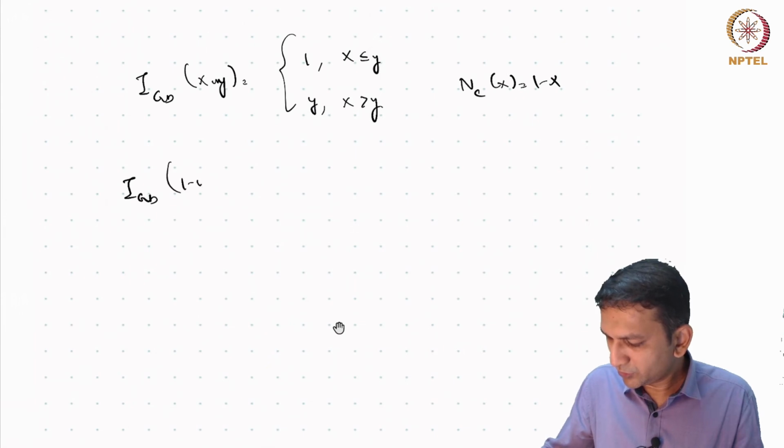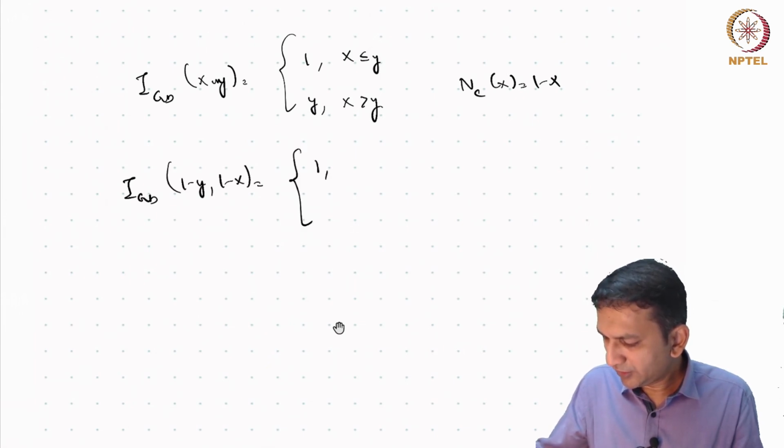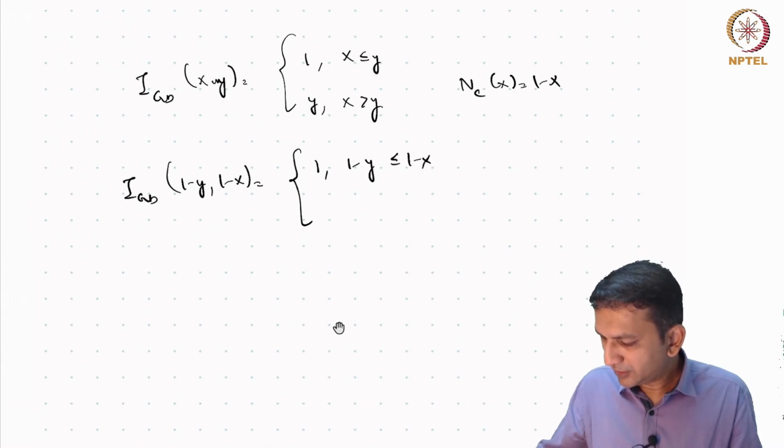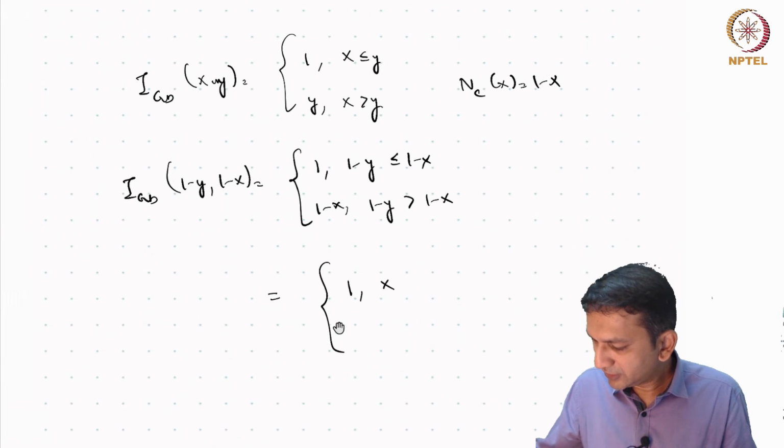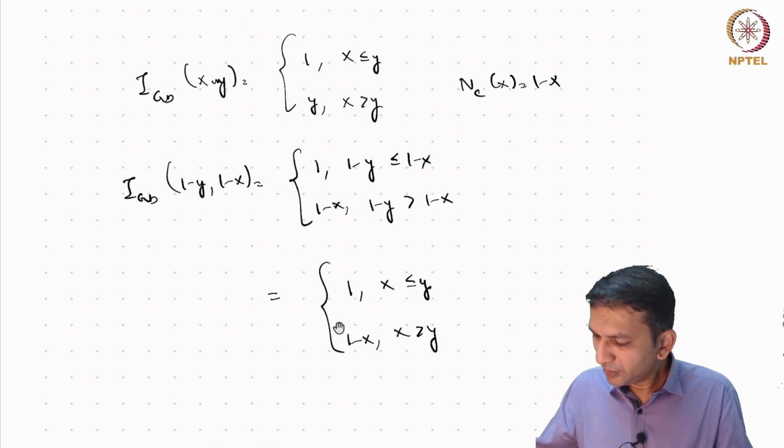Consider what is I of 1 minus y, 1 minus x. This is 1 if 1 minus y is less than or equal to 1 minus x, and the second argument, 1 minus x, if 1 minus y is greater than 1 minus x. Clearly, it could be written as 1 if x is less than or equal to y, and 1 minus x if x is greater than y. So we see that this is not equal to I_GD of x, y.